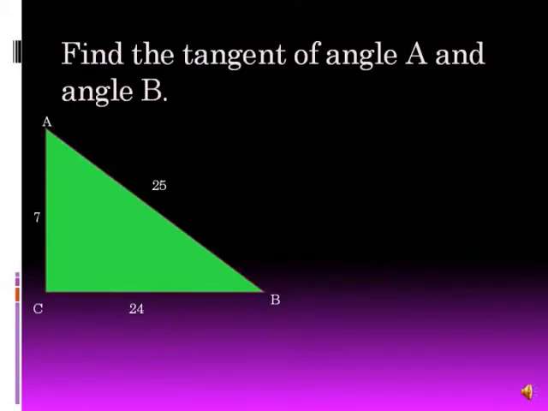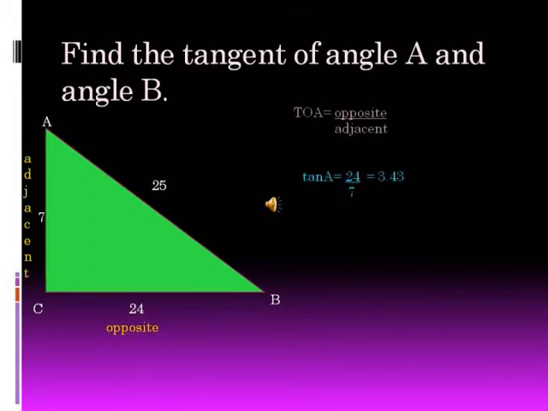So question number 1 asks me to find the tangent of angle A and angle B. Well, that's easy. Tangent is opposite over adjacent because it's the TOA of SOH CAH TOA. So to find the tangent of angle A, I would write that the tangent of angle A equals 24 over 7. Then you'll simplify the fraction, and for your answer, you should get that the tangent of angle A is approximately 3.43.